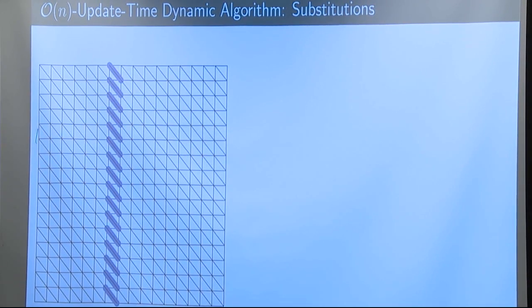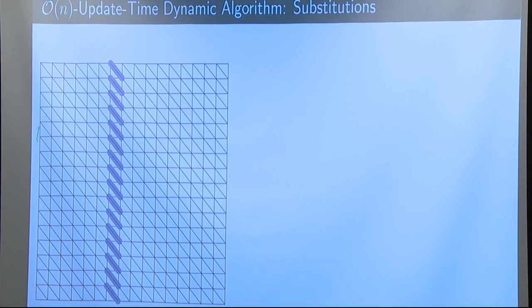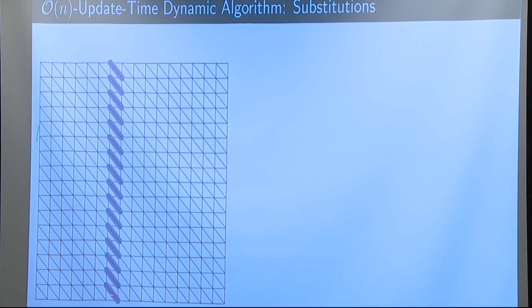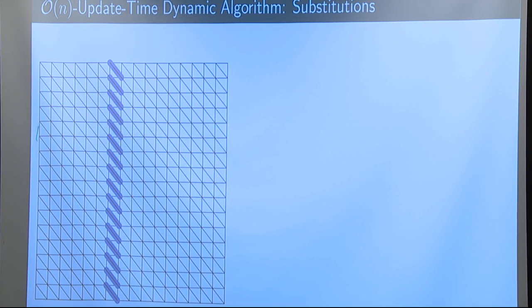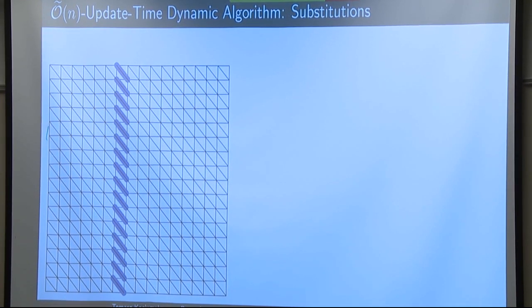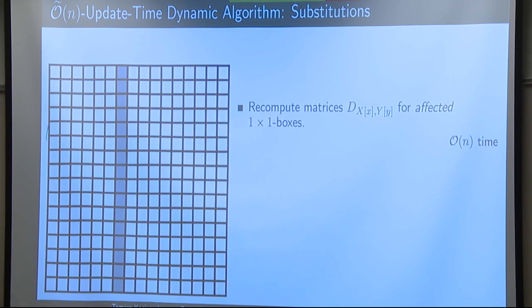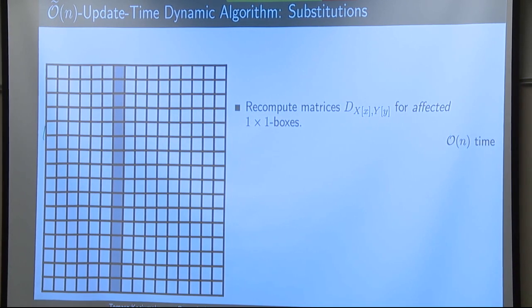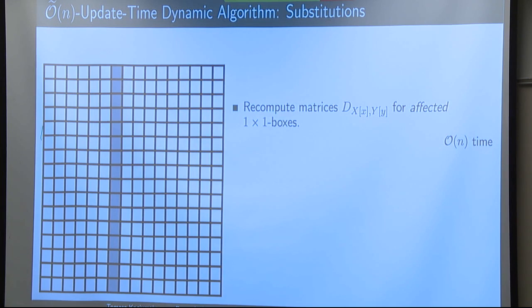And now whenever a character is substituted, recall that we only needed to change the weights of diagonal edges in 1 column or 1 row of this alignment graph. Let's focus on the case when it's 1 column. And now the only 1 by 1 boxes affected are those actually in this column. So for those, we will need to recompute everything.